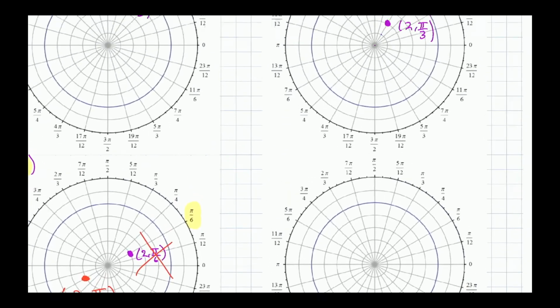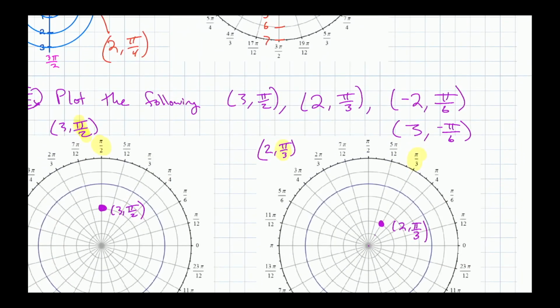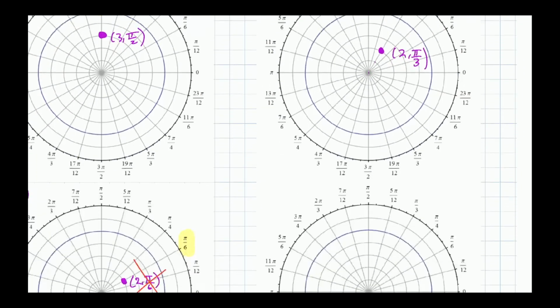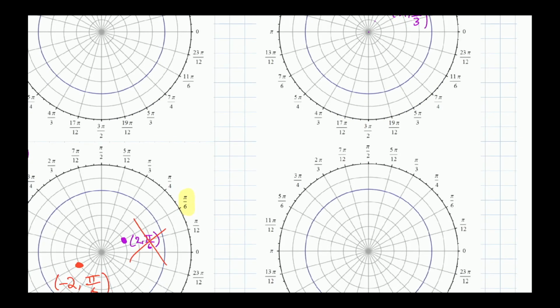Now, what's the last point we want to plot here? 3 comma negative pi over 6. Let's do that. 3 comma negative pi over 6. And there's nothing really special about a negative angle. You just have to remember that we are counting these angles in standard position.